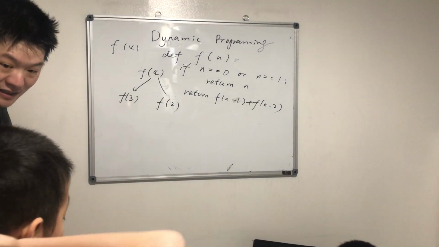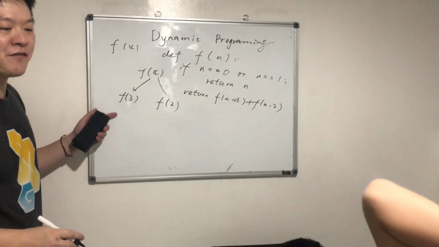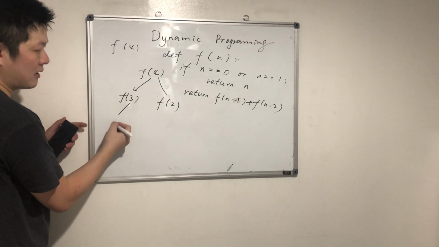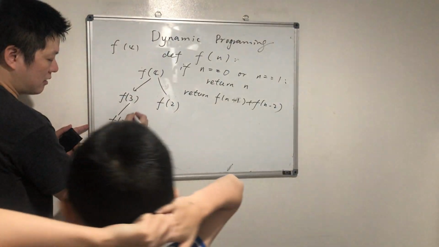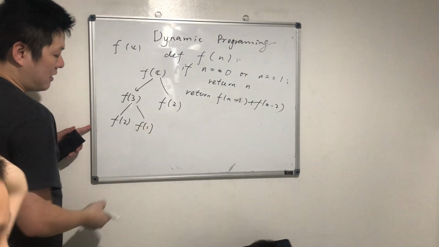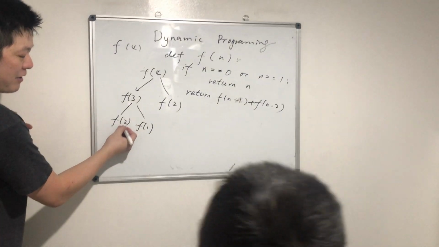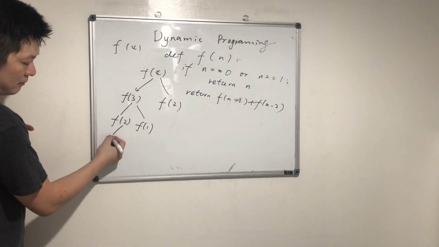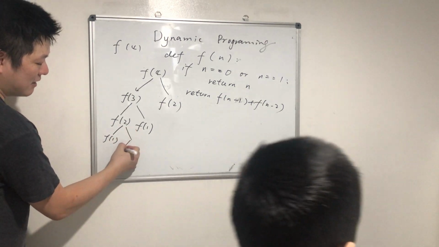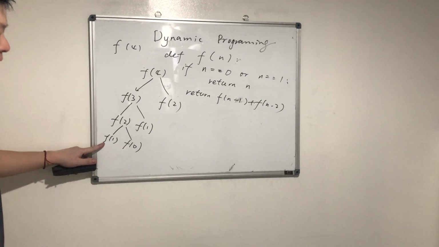And in order to calculate F3, what should I do? I need to calculate F2 and F1. And for F2, I need to calculate F1 and F0. And F1 and F0 we already know.